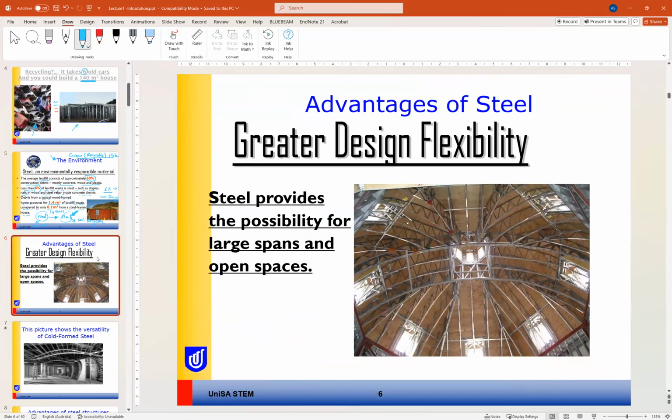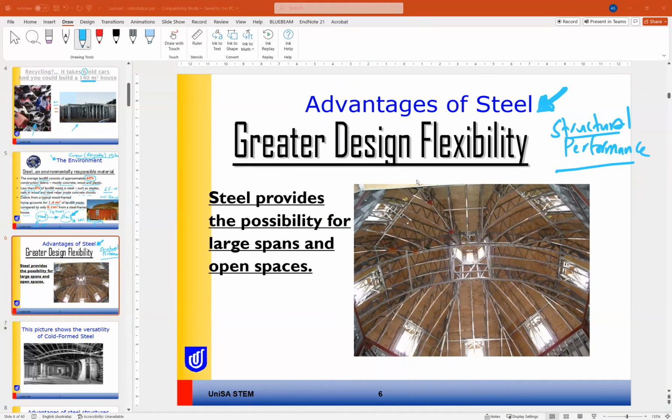And now we go to the advantages of steel from the structural performance view, which will be our main concern. Okay, so what gives steel advantages as a construction material? The first advantage of steel is greater design flexibility.